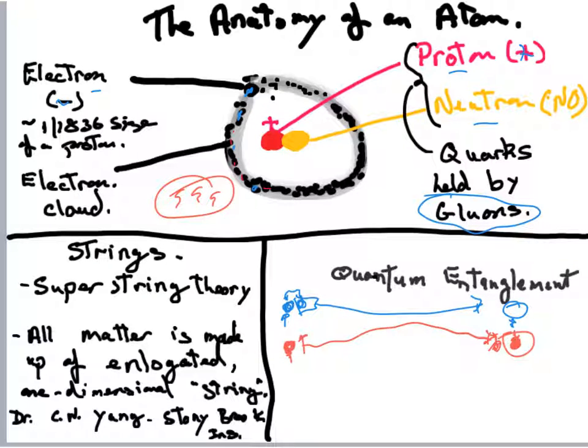That theory is called superstring theory. Basically what it says is that all matter is made up of elongated one-dimensional strings. Now, that theory was put forth by C.N. Chang of the Stony Brook Institute in New York. So let's keep that in mind for the next slide.